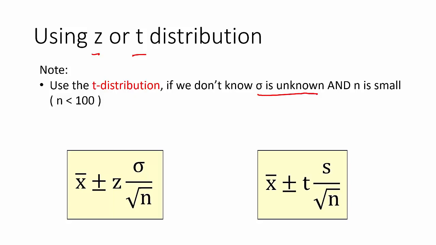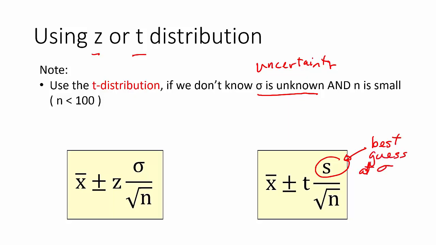If we don't know the true population standard deviation, we're going to use the sample standard deviation, and that incorporates uncertainty into our calculation. We're already using something that we would consider our best guess at what a population value happens to be. This is our best guess at what the true standard deviation is. Since that uncertainty is being imposed in our calculation, we have to use the t distribution.